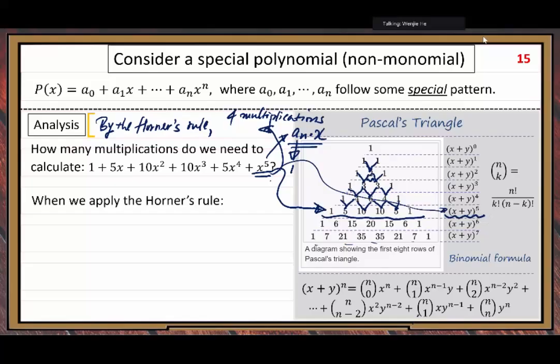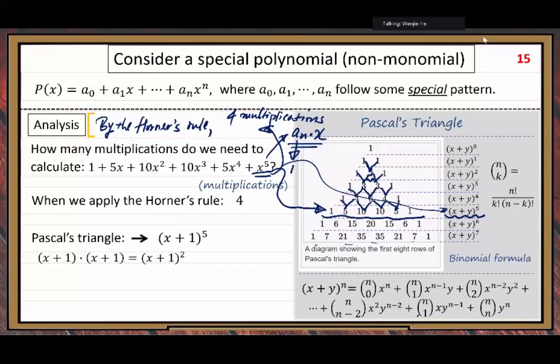So by Pascal's triangle, it is x plus 1 in parentheses to the 5th. Because we only count the number of multiplications, we do not count addition. So then some number to the 5th, we need 3 multiplications, right?